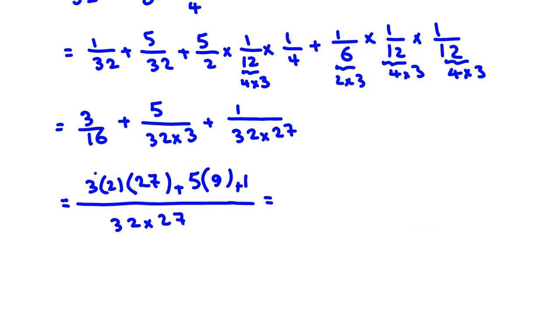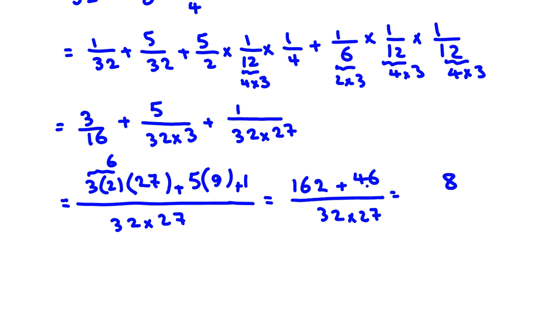Now, if we calculate, it will be 6 times 27: 6 times 7, 42, 4. 6 times 2, 12, plus 4, 16. Plus 5 times 9, 45, plus 1, 46. Now, it is 32 times 27. If we add 6 plus 2, 8, 4 plus 6, 10, we have 1. 1 plus 1, 2, 208 over 32 times 27.